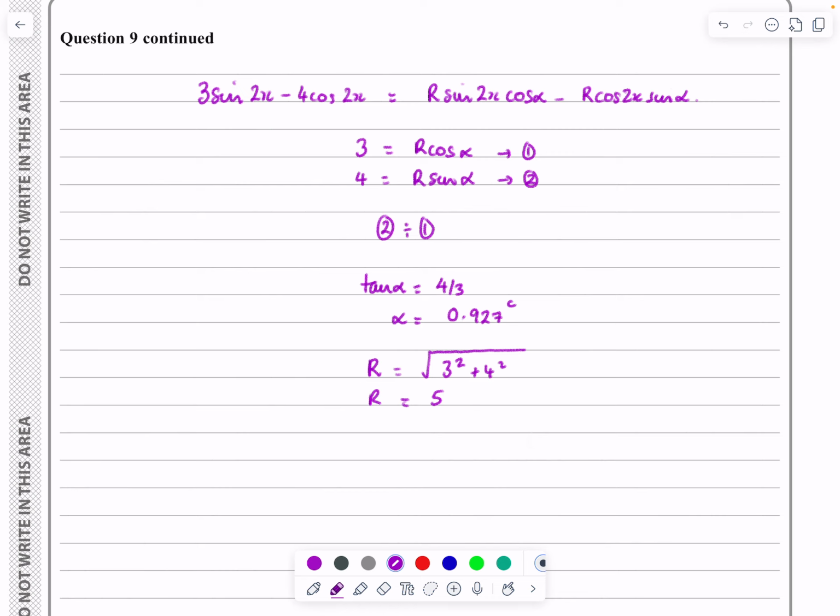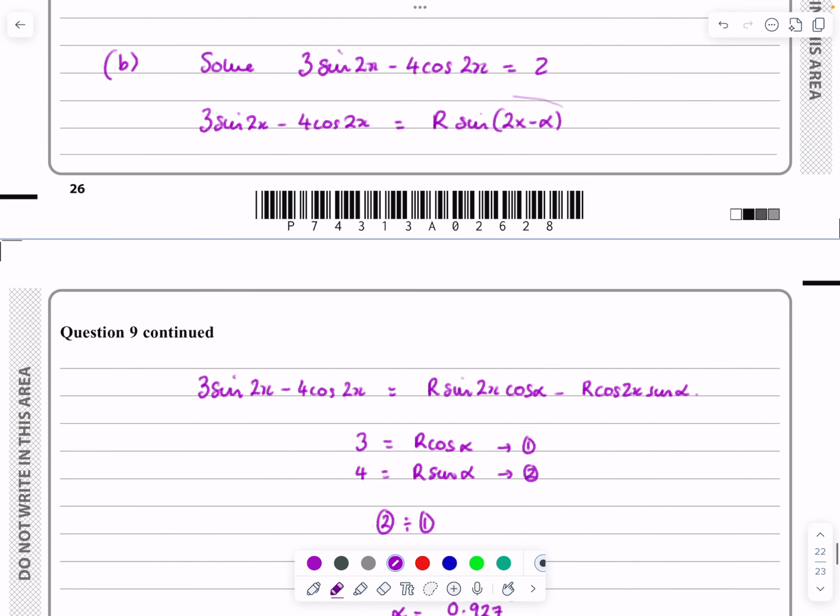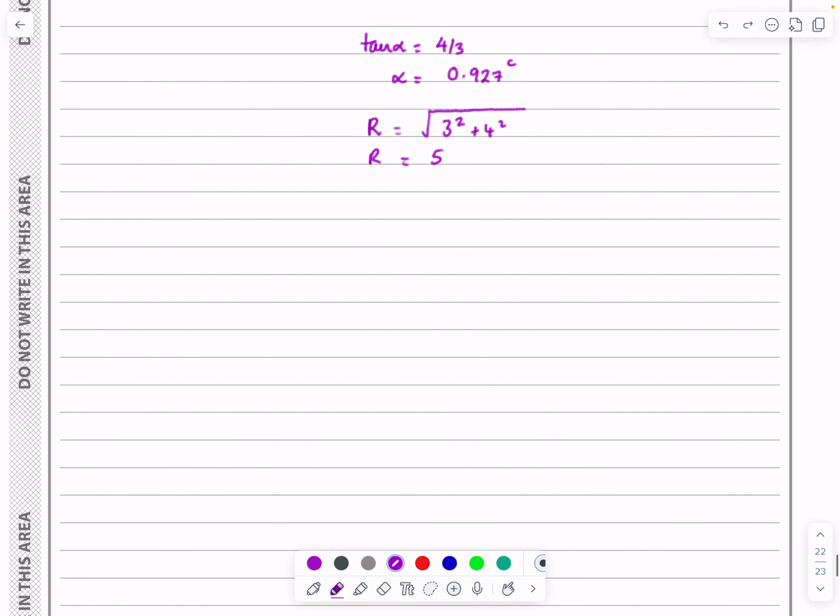So what I can now do is look at this statement here and put in the value of R and the value of alpha. So 3 sine 2x minus 4 cos 2x is the same as 5 sine (2x minus 0.927).